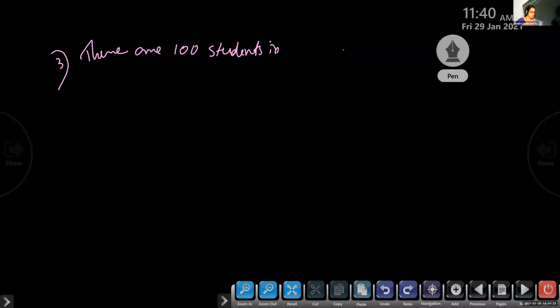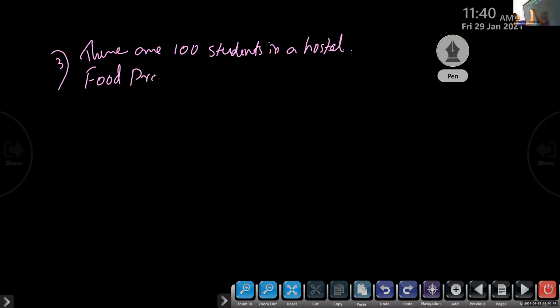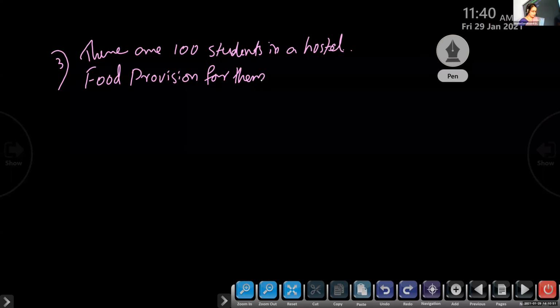Okay. There are 100 students in a hostel. Food provision for them is for 20 days.